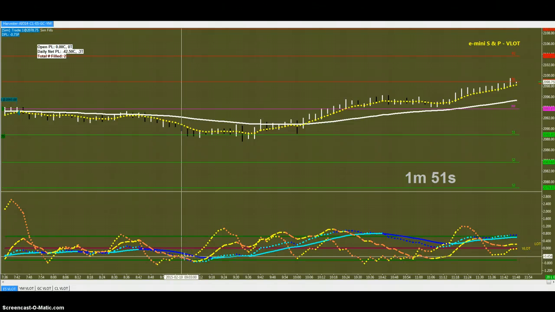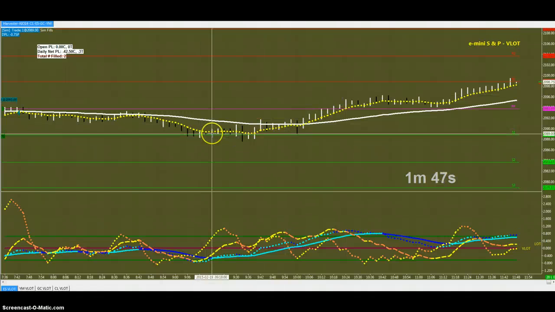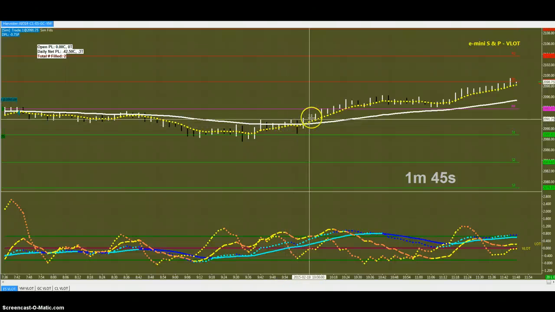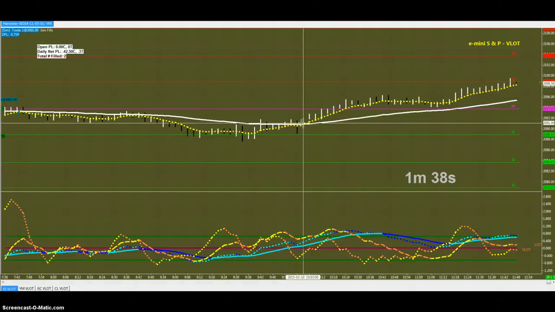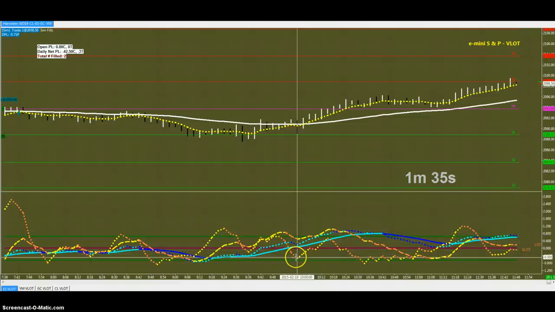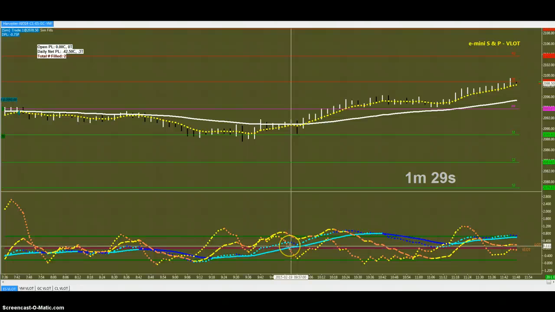Now, when is the next opportunity to take a trade? Using the 5 and 40, the next opportunity would be this crossing of the 5 over the 40 to go up for a long. You would confirm that with your lines down here in region 2, because the MACD would have crossed above the 0.